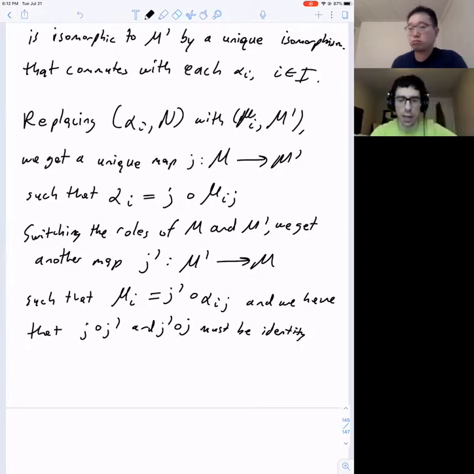It's kind of the same copy of the proof of the tensor product being unique.